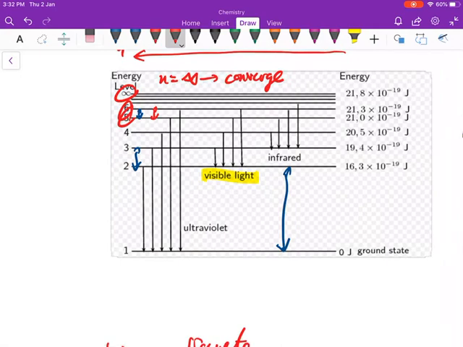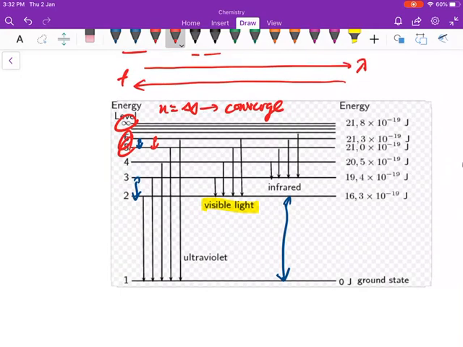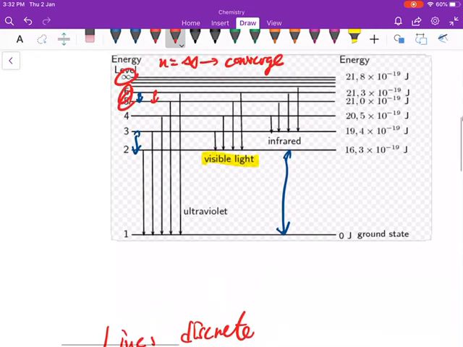This is when the scientist concluded that the lines converge at a higher frequency, because he knew from the values he had from the experiment that the energy difference decreases as the energy level increases.